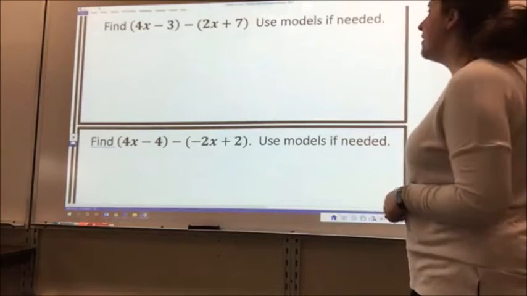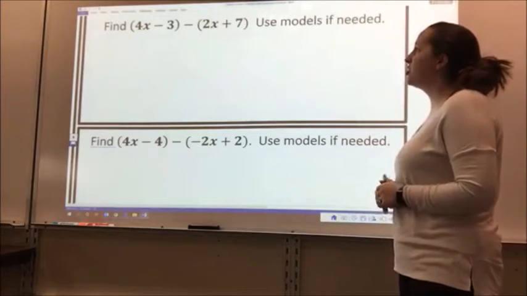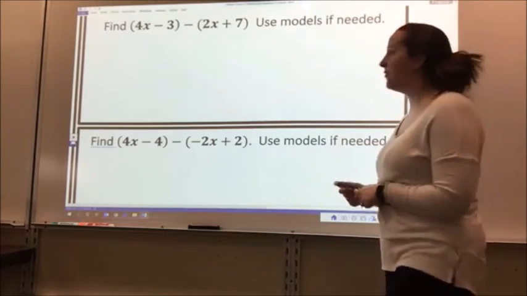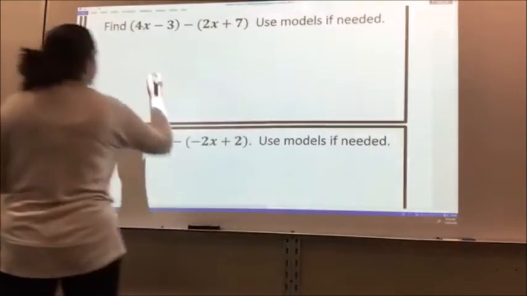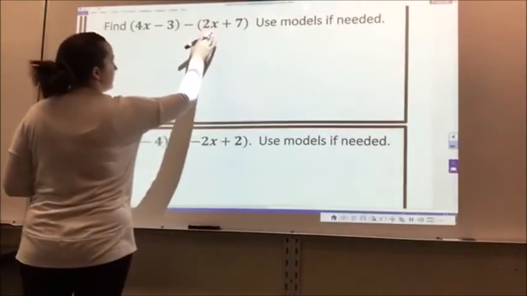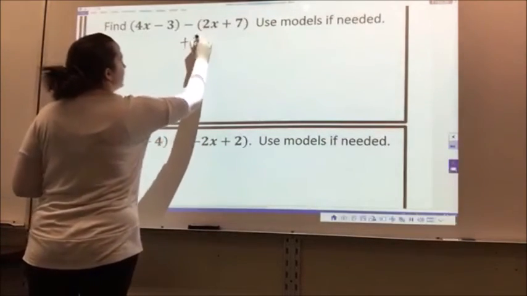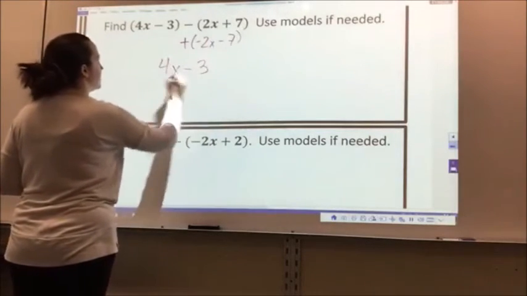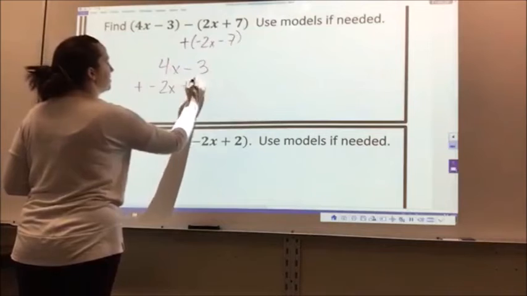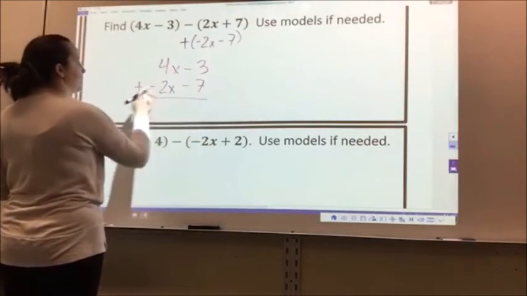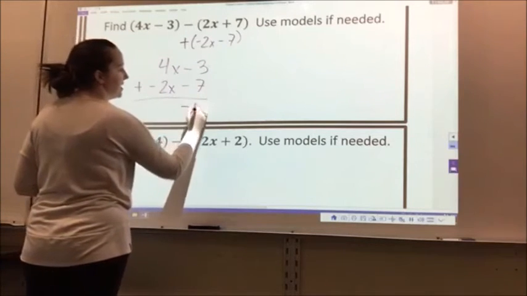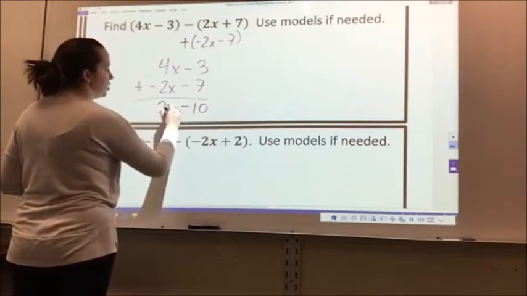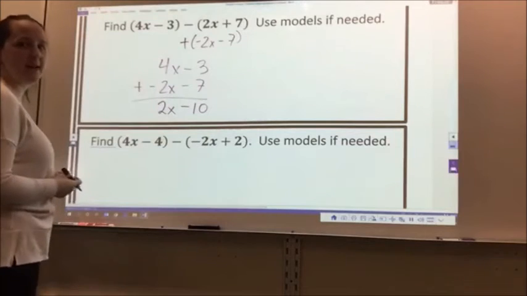All right, then I have find 4x minus 3 minus 2x plus 7, use models if needed. So I'm actually just going to do the additive inverse on this one. So I'm going to rewrite minus 2x plus 7 as plus negative 2x minus 7. I'm going to add them, 4x minus 3 plus negative 2x minus 7. Negative 3 plus negative 7 gives me a negative 10. 4x plus negative 2x gives me 2x. So 2x minus 10.